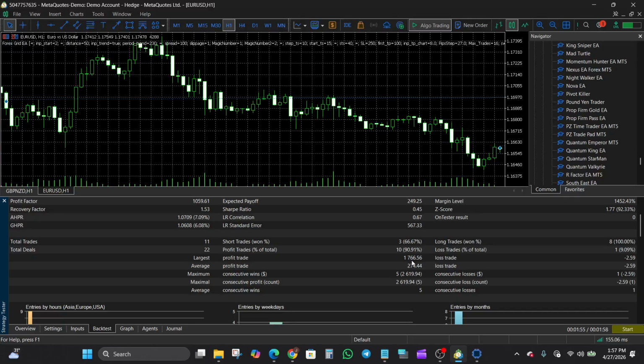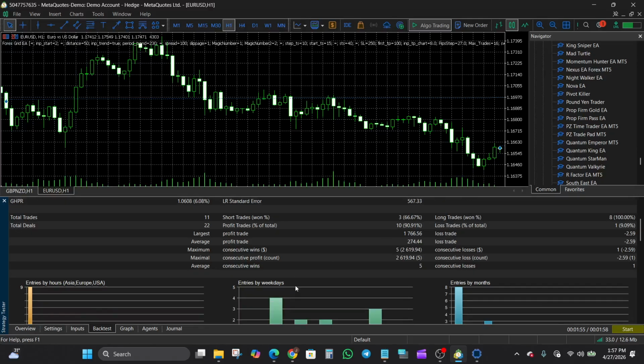Probably collectively closes a number of trades together, and instead of using a stop loss, it adds more trades as price goes against the initial trade. So maybe that's why we are having this little average loss and largest loss, because the EA's method is not the type that just uses a fixed stop loss.